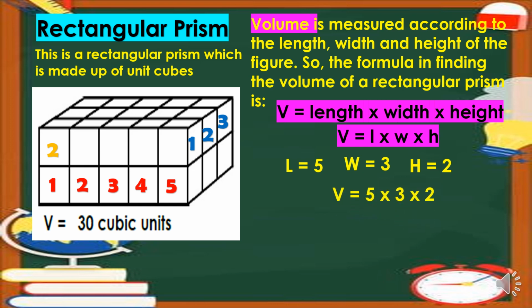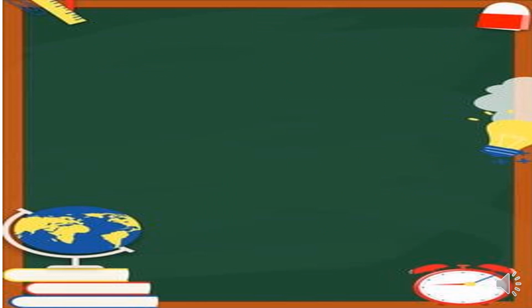So when we are about to substitute, the volume is equal to 5, which is the length, and the width, which is 3, and then the height, which is 2. To find the volume, we have to multiply 5 times 3 times 2. So that is equivalent to 30 cubic units. So this rectangular prism has 30 cubic units.